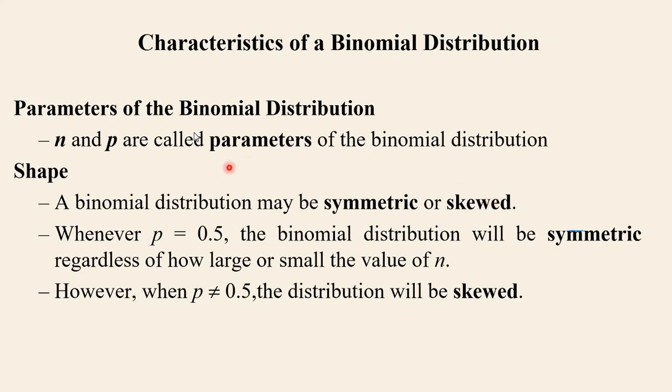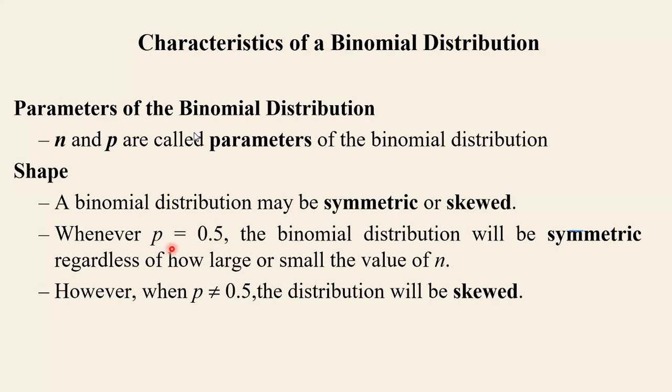The binomial distribution is symmetrical when the probability of success is 0.5, and this does not depend on the number of trials. Whenever p is equal to 0.5, the binomial distribution will be symmetric regardless of how large or small the value of n is. Only the probability value determines symmetry, p equal to 0.5.